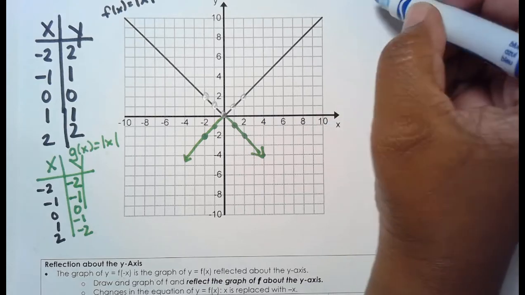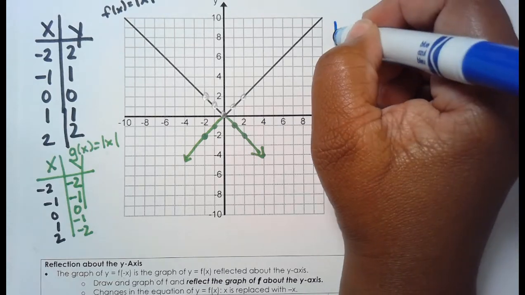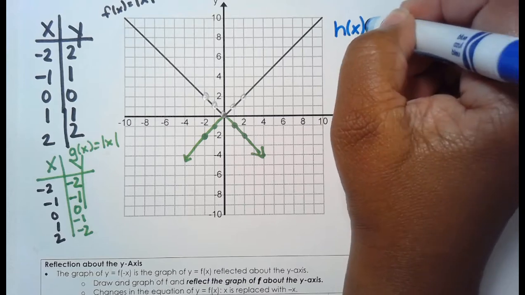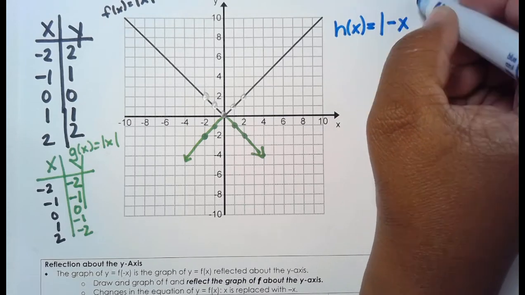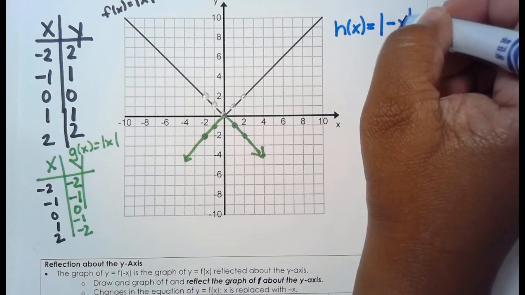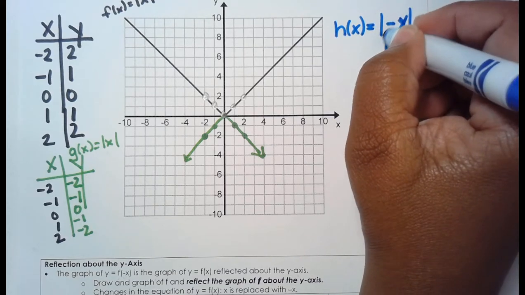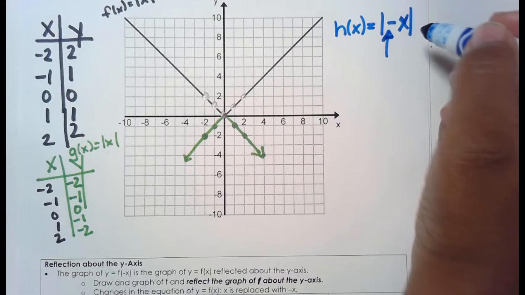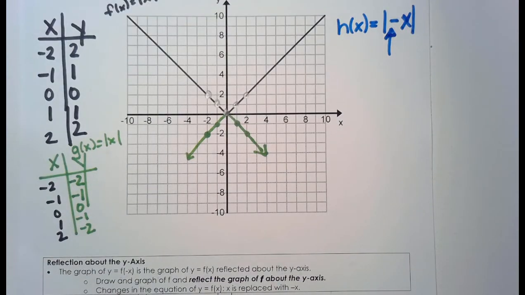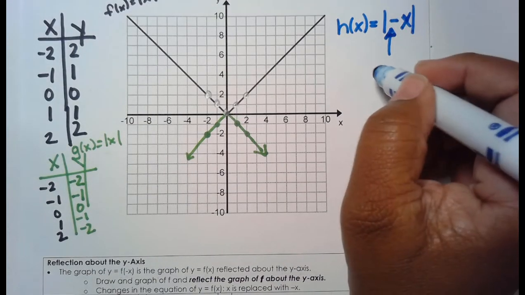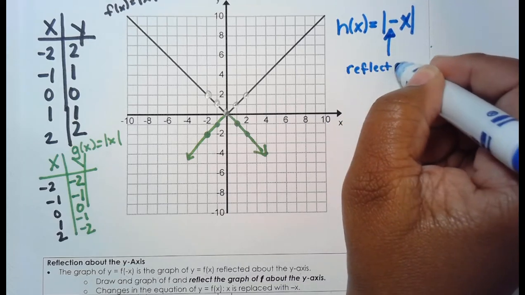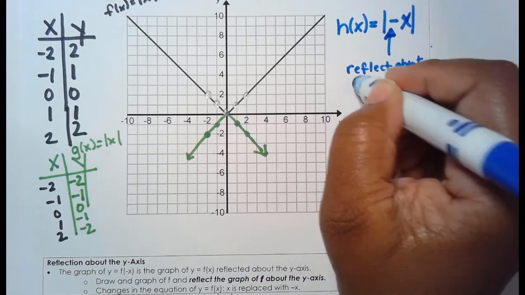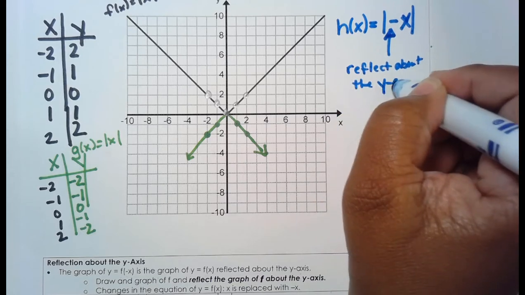I'm going to write this in blue. We have h of x is equal to the absolute value of negative times x. Okay, so when the negative sign is inside the grouping symbol, you're going to reflect about the y-axis.